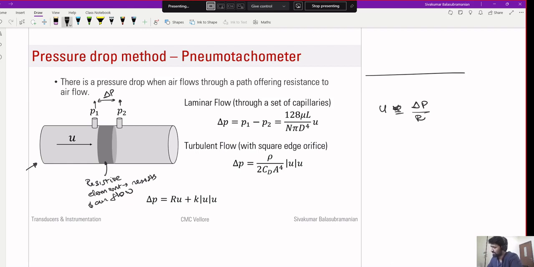In fact, it's similar to your Ohm's law. It's kind of Ohm's law for airflow, where pressure plays the role of voltage, airflow is current, and this R is the resistance to airflow. Basically, resistance to current flow in the case of electrical circuits. Okay, there are.